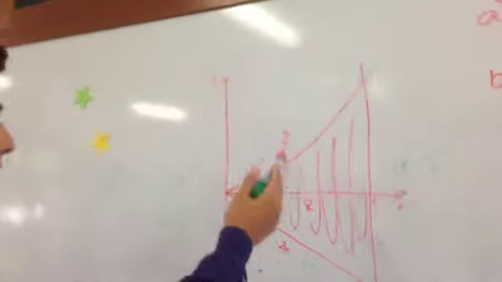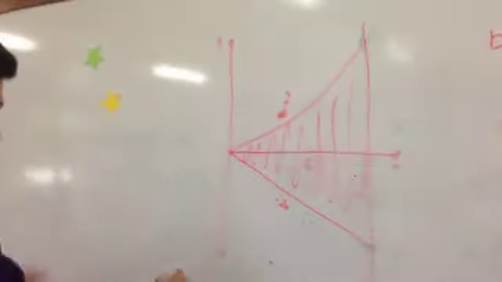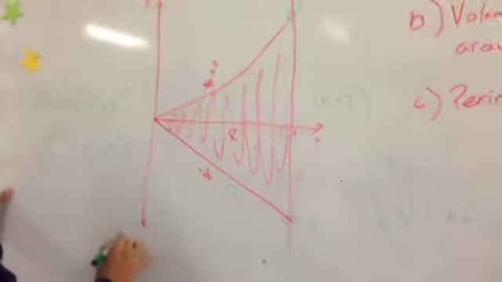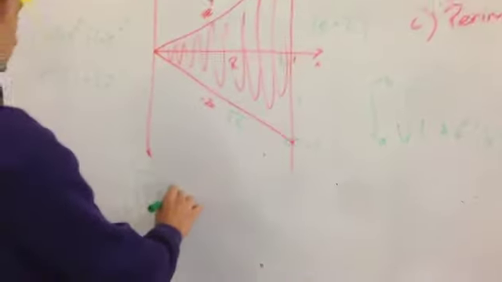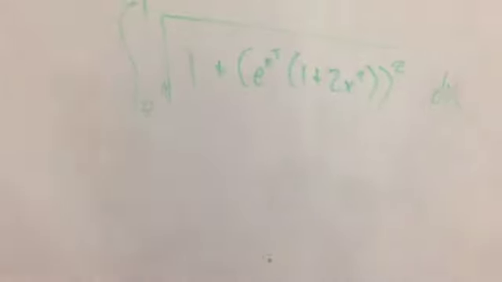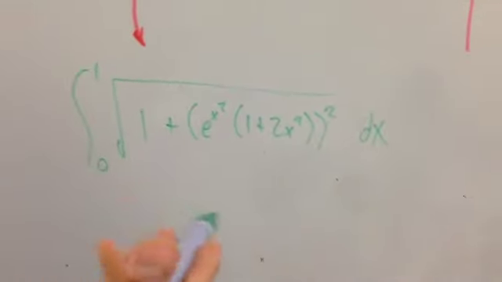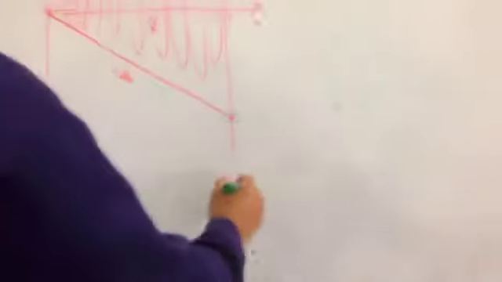So the length of this curve would be the integral from 0 to 1 of the square root of 1 plus e to the x squared times 1 plus 2x squared, dx. So now that we know this, we just add this up and we get the perimeter.